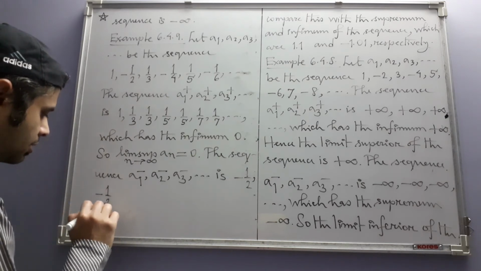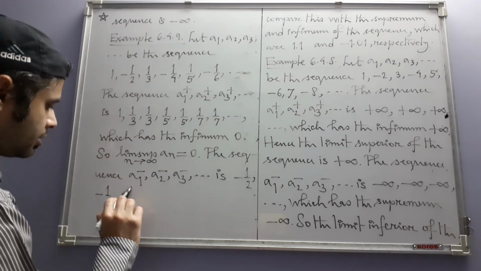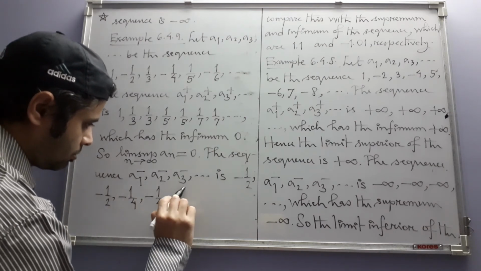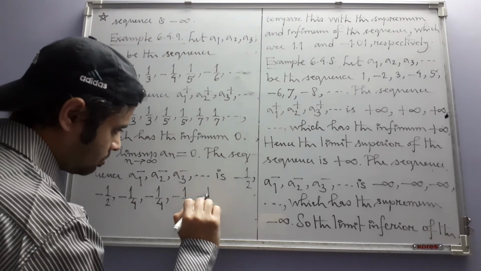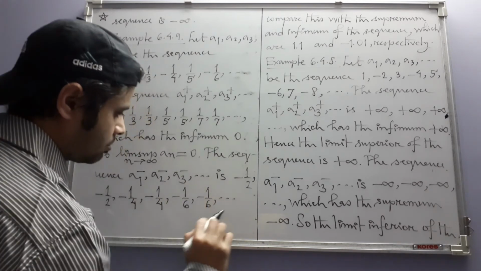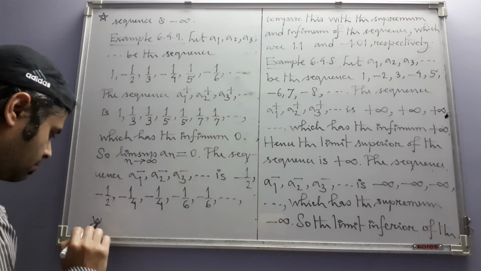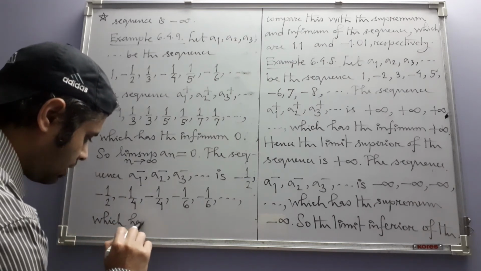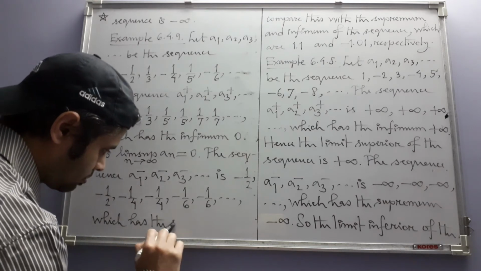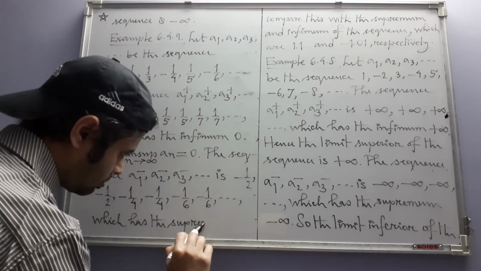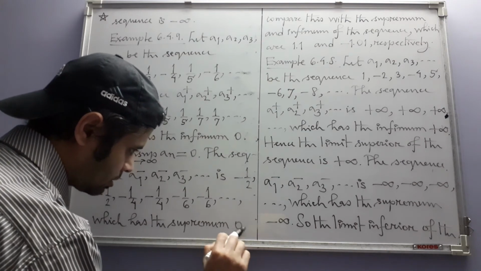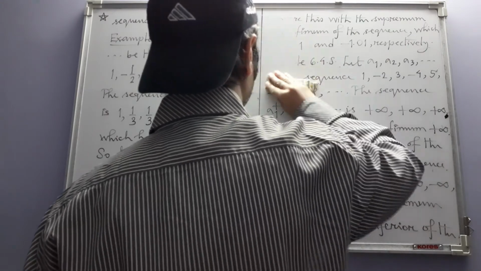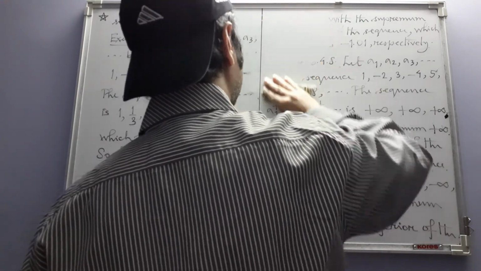So minus 1 over 2, and then it will go like this. So it's a sequence of infima which has the supremum 0. So limit inferior is also 0.